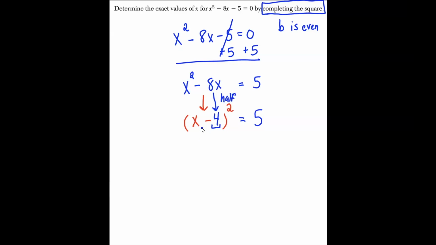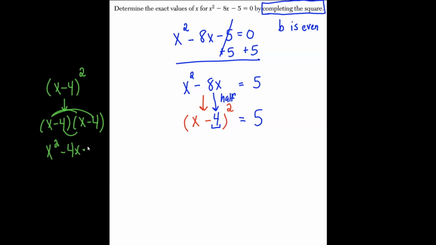They're actually not. If I look over here, what is x minus 4 squared actually equal to? That's x minus 4 multiplied by x minus 4. If I multiply this out, x times x is x squared, minus 4x, minus 4x, and negative 4 times negative 4 gives a last term of plus 16.